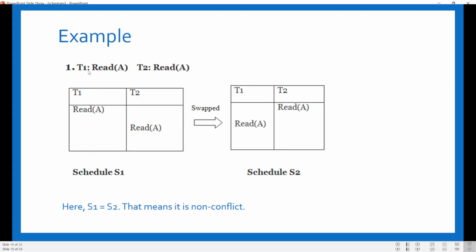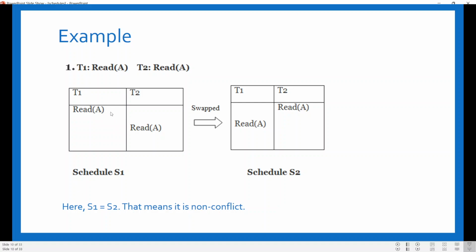In this particular case we have two schedules, schedule S1 and schedule S2. In schedule S1 we have two transactions. In transaction T1 the first operation is read A, and in transaction T2 the first operation is read A. Here there are no write operations, it is just reading.